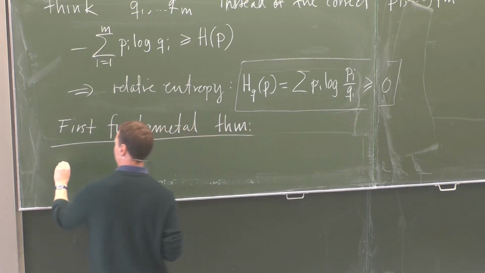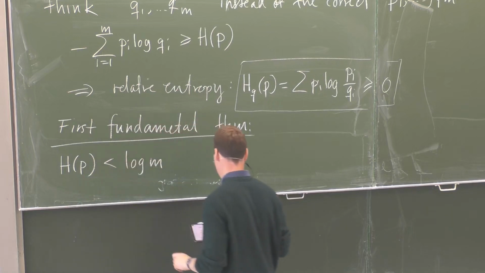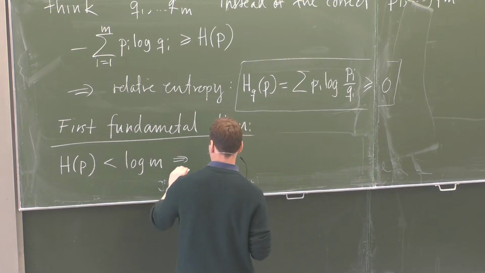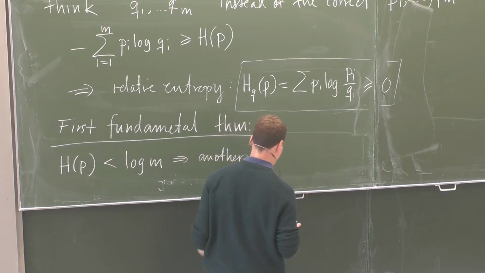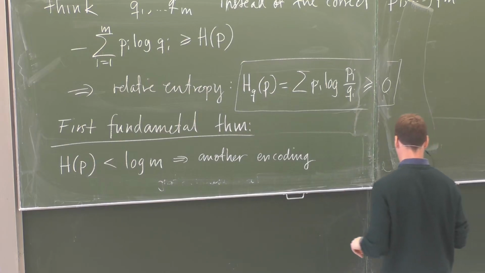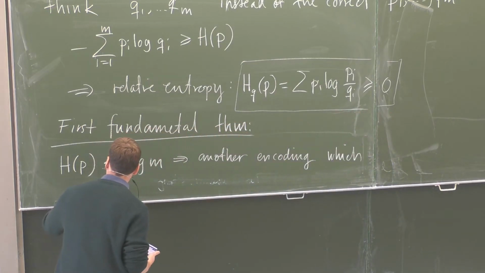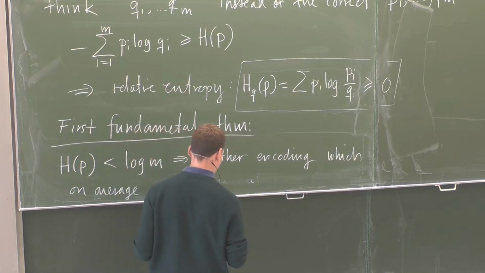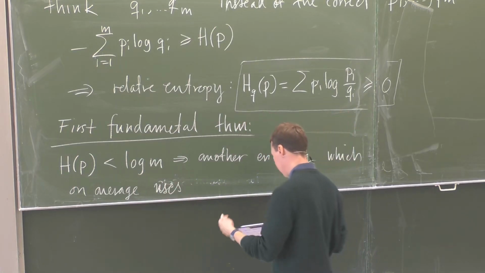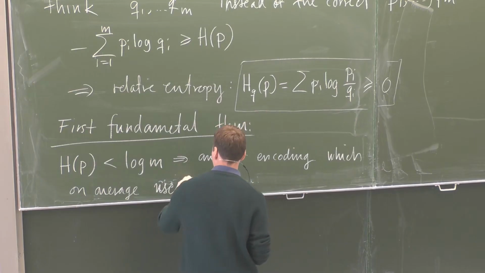is the following. If H of p is less than its maximum, log M, then there should be another encoding which on average uses H of p bits per message, instead of using log M bits, if we take this in base 2, so we think of bits.